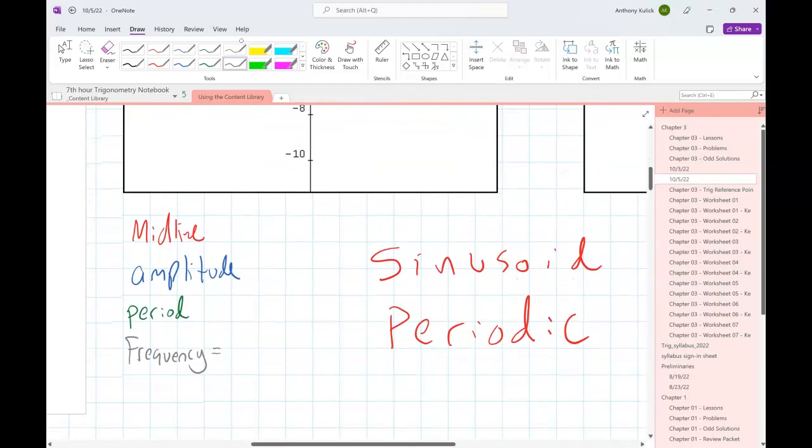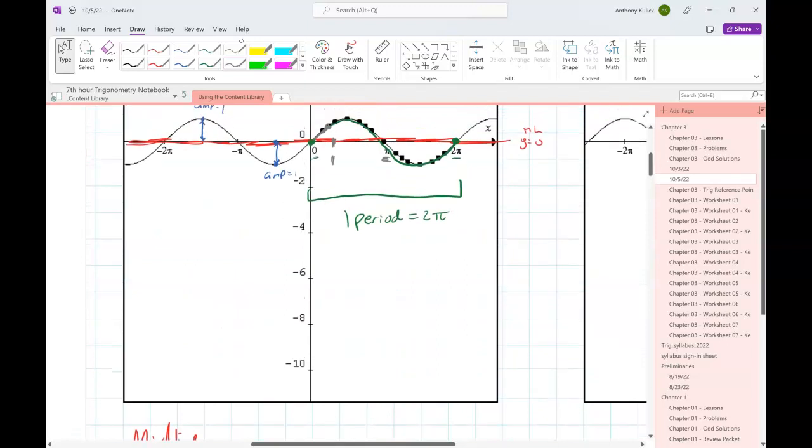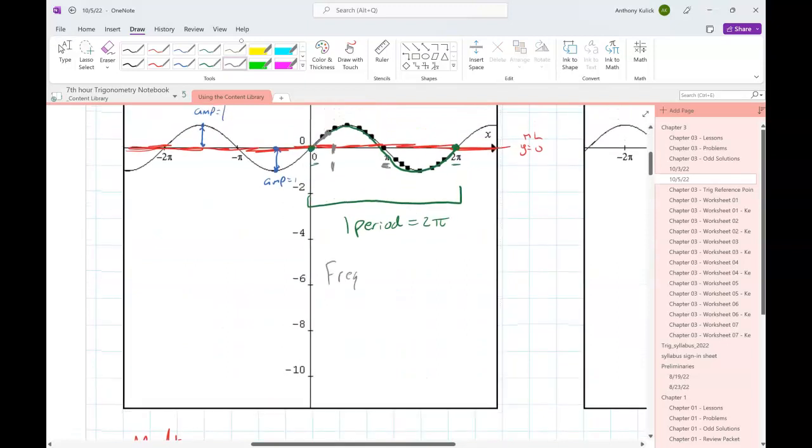Well, it turns out the frequency is just going to be 1 over the period. Remember, the period in this case was 2 pi. Two pi is like 6.2-ish. So just about a 1/6, right?